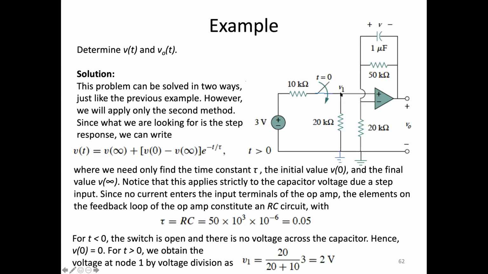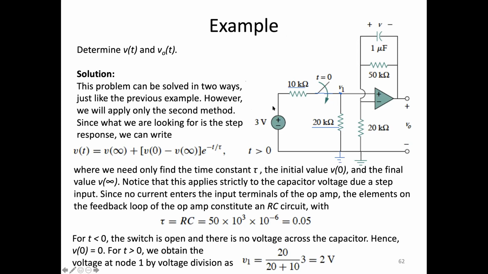We're interested in this voltage here, V1, because that is the input to the non-inverting side of our op amp. So we basically have a voltage divider. Everything that I'm highlighting with a dashed box is all a voltage divider.